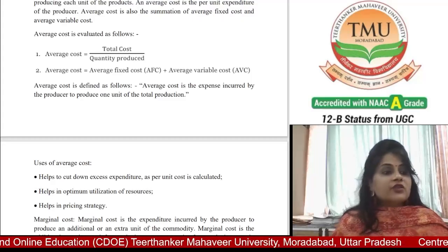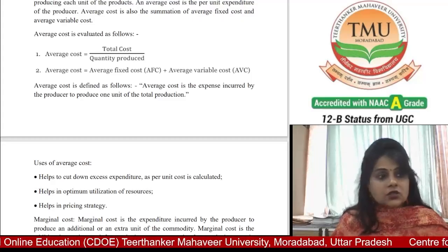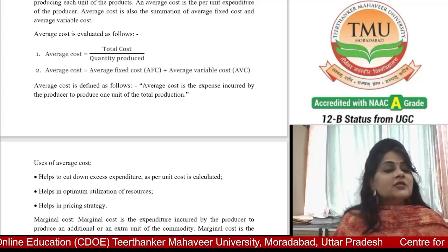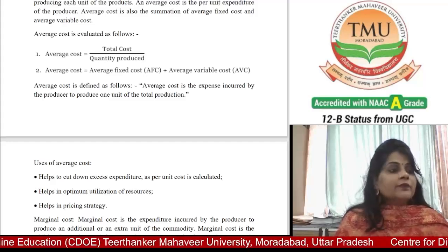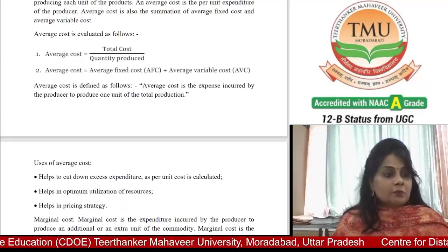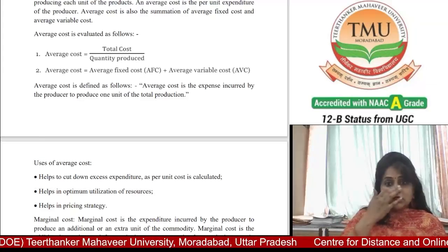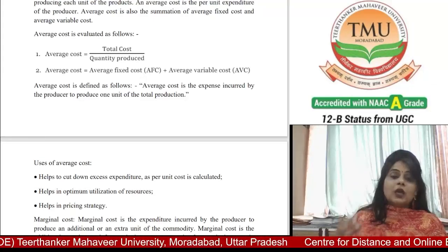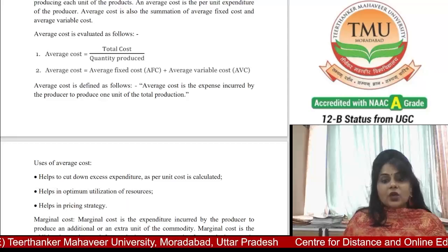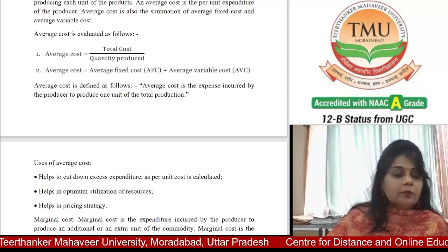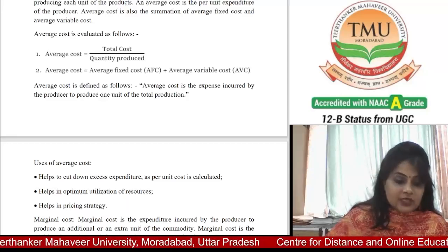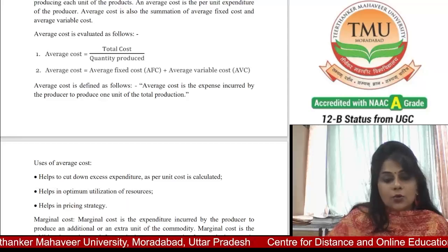Average fixed cost refers to the per unit fixed cost of the production, and it is calculated by dividing TFC by total output. And average variable cost refers to the per unit variable cost of production. It is calculated by dividing TVC by total output.